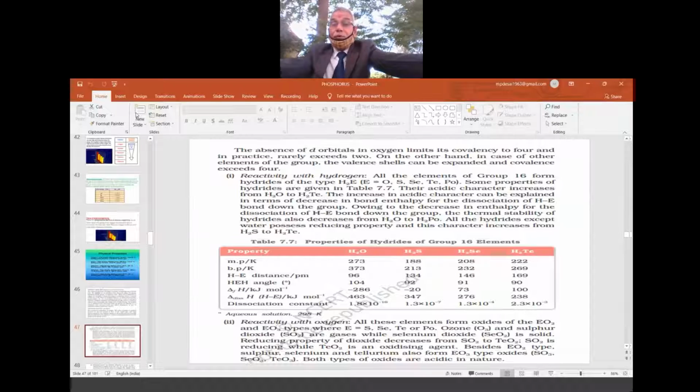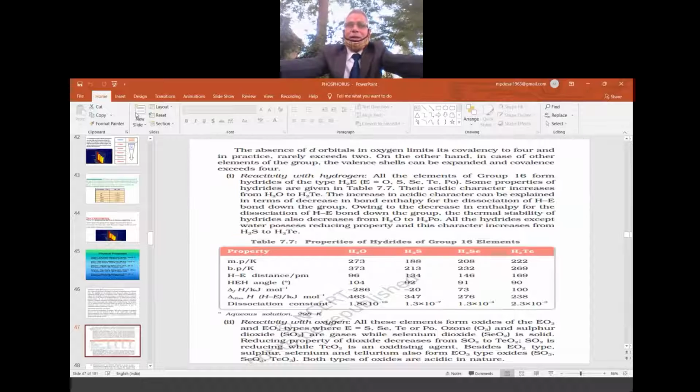Owing to the decrease in enthalpy for the dissociation of the H-E bond down the group, the thermal stability of hydrides also decreases from H2O to H2Po. Because it can rupture, break, or dissociate easily, hydrogen can be removed so easily from top to bottom.